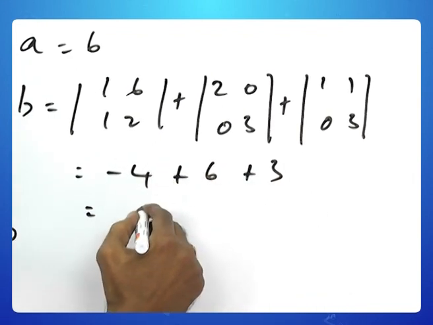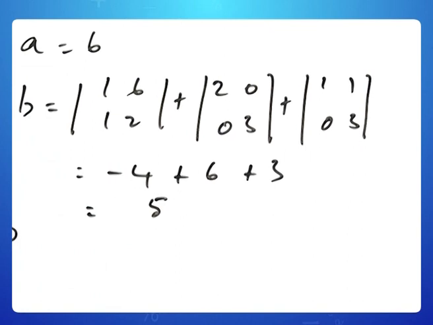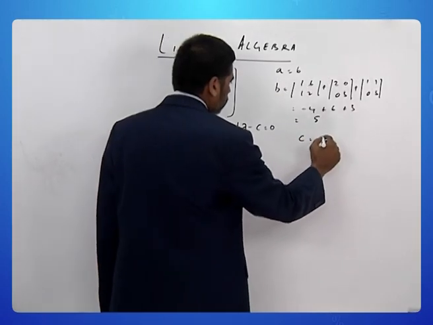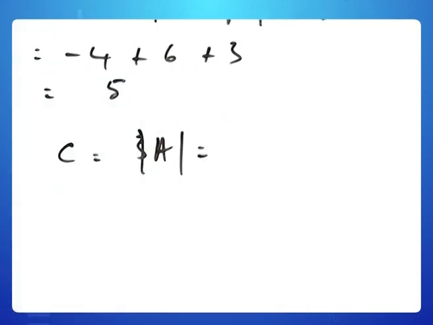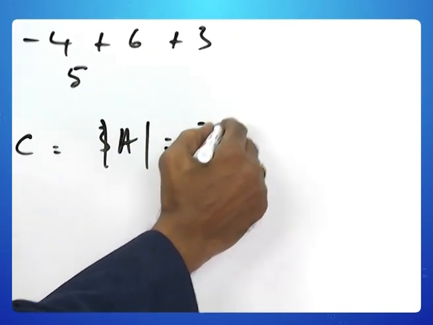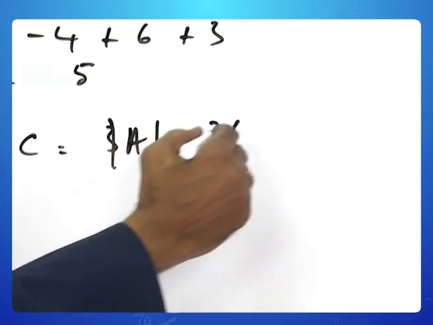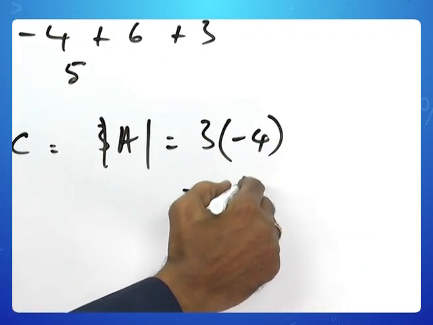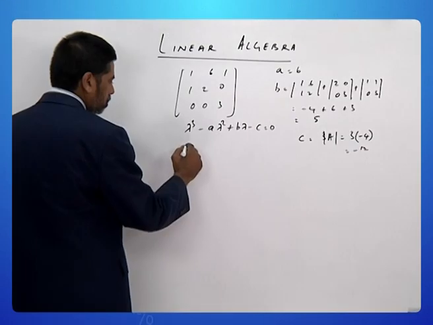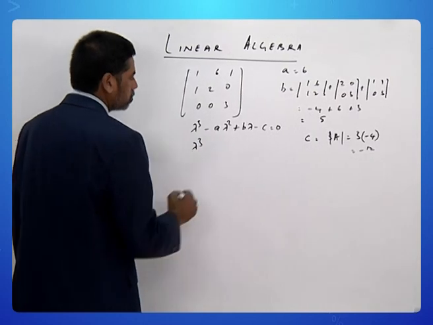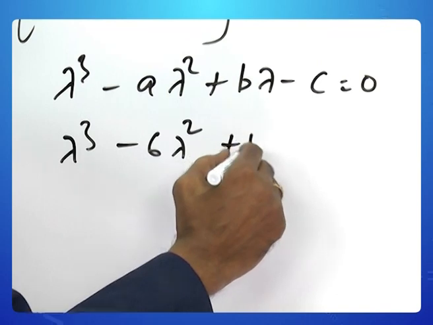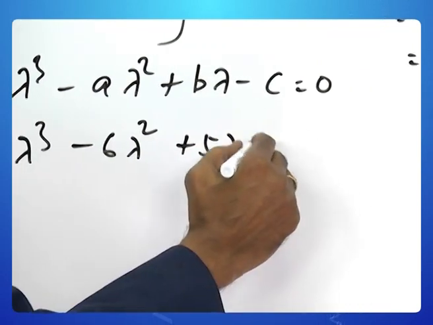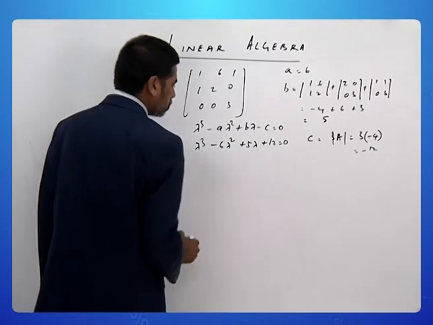This is 9 minus 4, 5. And c is equal to determinant of A, which is 3 into 2 minus 6. So it is minus 12. So lambda cube minus 6 lambda square plus 5 lambda plus 12 is equal to 0.